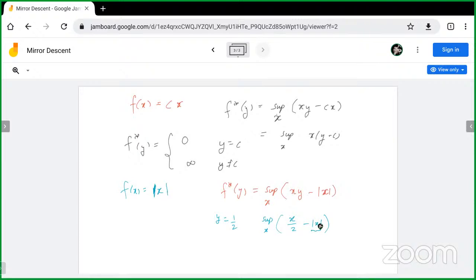So the right thing to do is just put x equal to 0, which gives 0. So indeed, if y is between -1 and 1, then this will be 0, and otherwise, like in the previous example, it's going to be infinity.